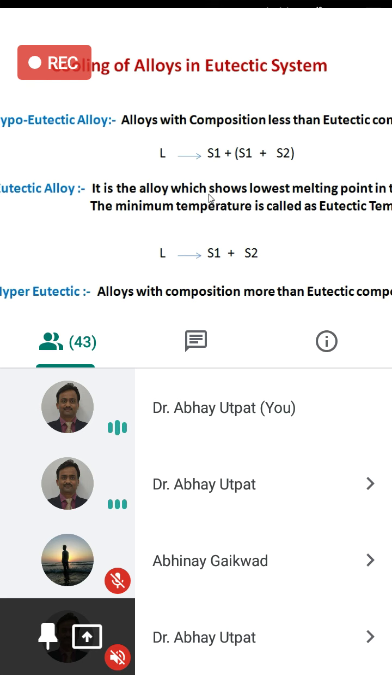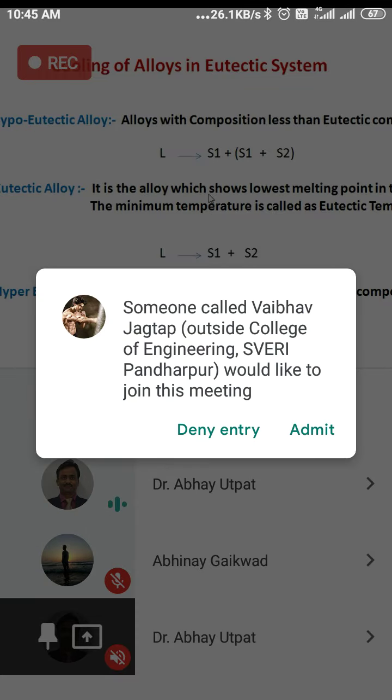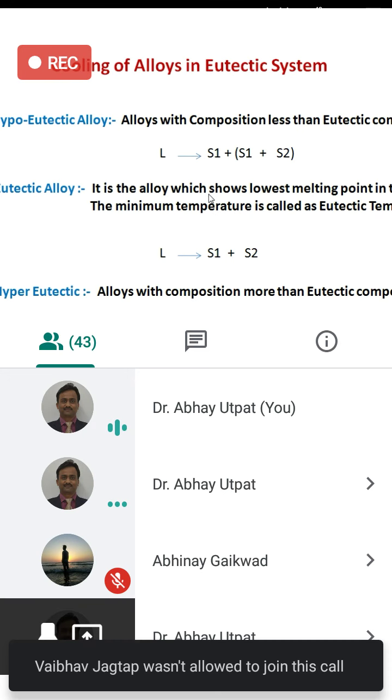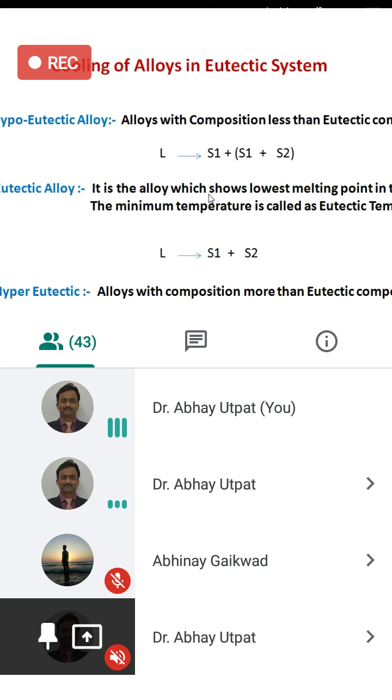That's why we are writing only S. For example, a non-technical example: if you add sugar into milk, sugar gets completely dissolved into milk, that becomes S. And if it remains separate, that will be S1 and S2.